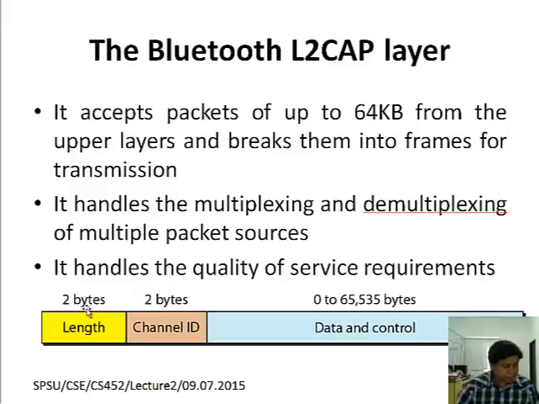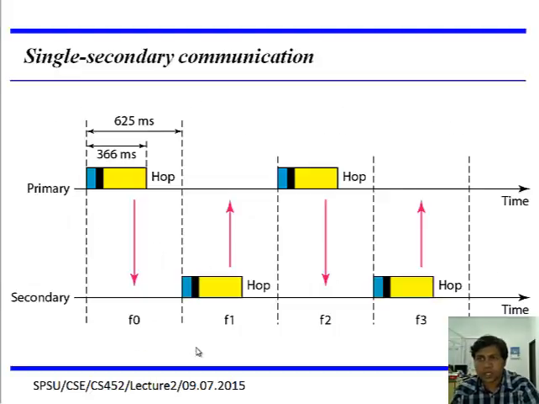After that we have the channel ID, which defines a unique identifier of different virtual channels. L2CAP has specific duties of multiplexing, segmentation, reassembly, QoS and group management, and it handles both data and control, which you all have studied in the previous semester. This is done by the Bluetooth L2CAP layer.